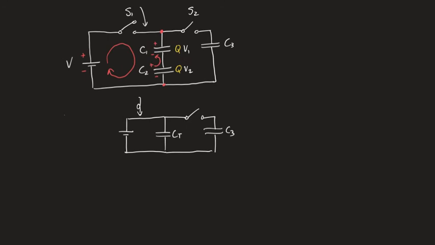What would be the size of that capacitance? And we used Kirchhoff's rules to show that the size of that capacitance would have to be the sum of the inverses, inverted. I wrote it differently yesterday, but it's not any different than that. Just a reminder that you have to add the inverses and then invert the answer.